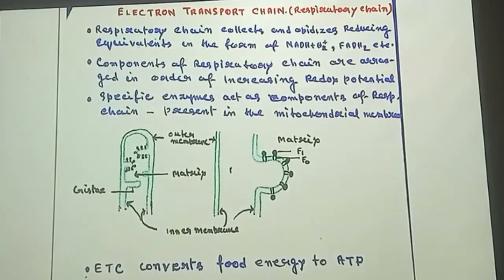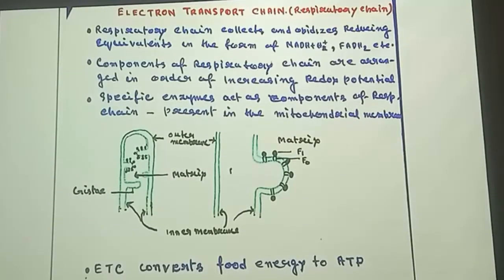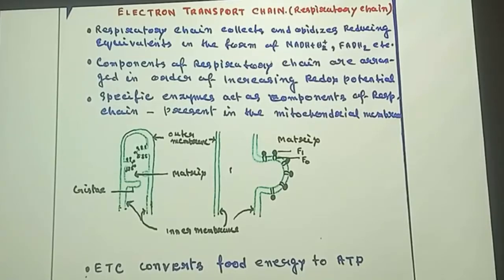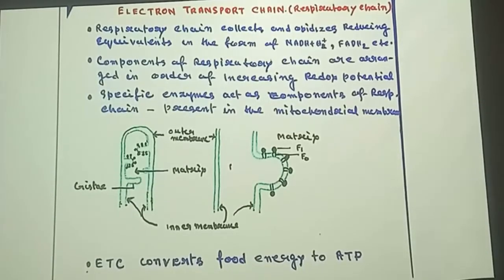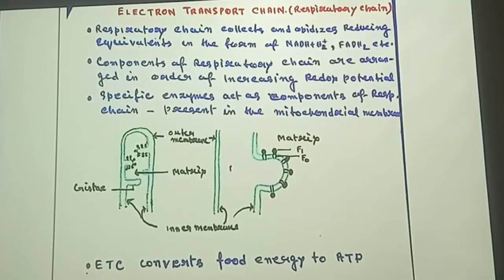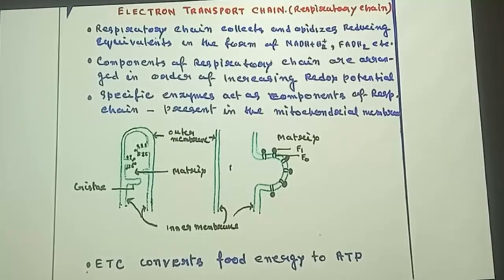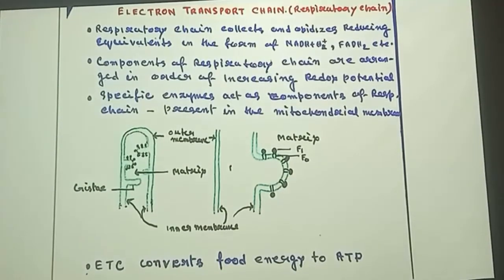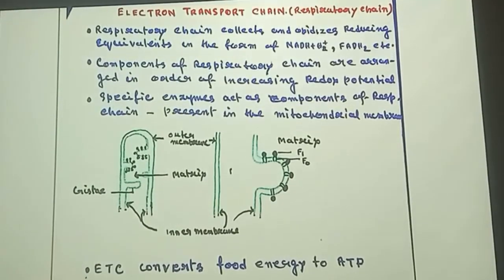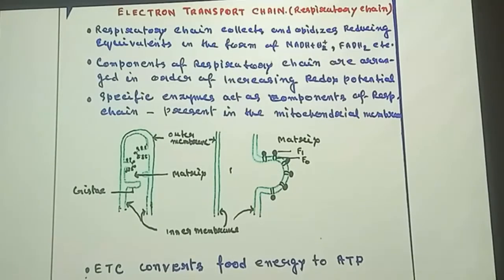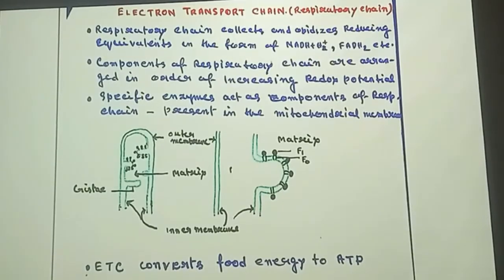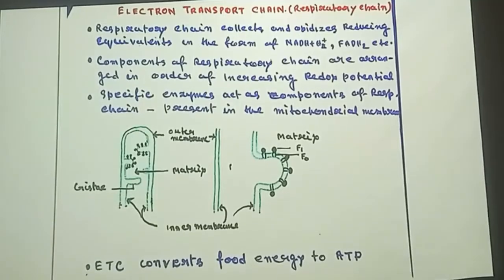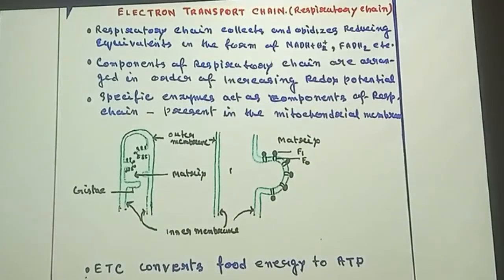Ultimately it is transferred to mitochondria in the form of NADH plus H plus or FADH2. These are the reducing equivalents which are utilized through the electron transport chain to be oxidized, giving rise to energy, and then the energy is captured in the form of ATP. So this is the whole concept.